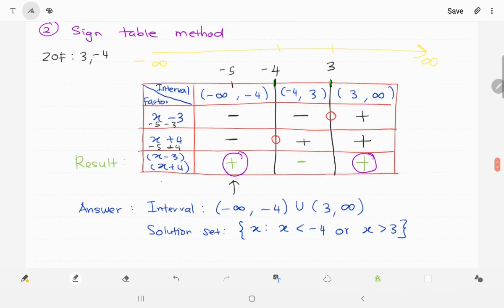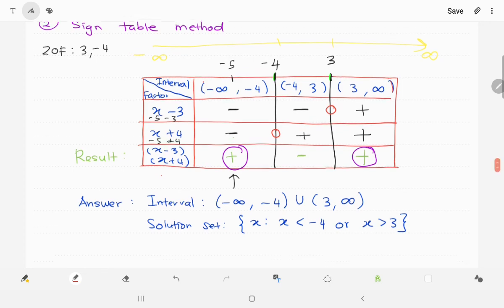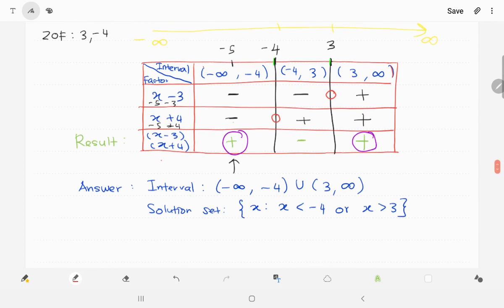Okay, so you clear? The main thing, don't put any closed bracket, just use open brackets, because when you want to write the answer, you look at the interval here. So x minus 3, this is x equals 3, just put an empty circle.